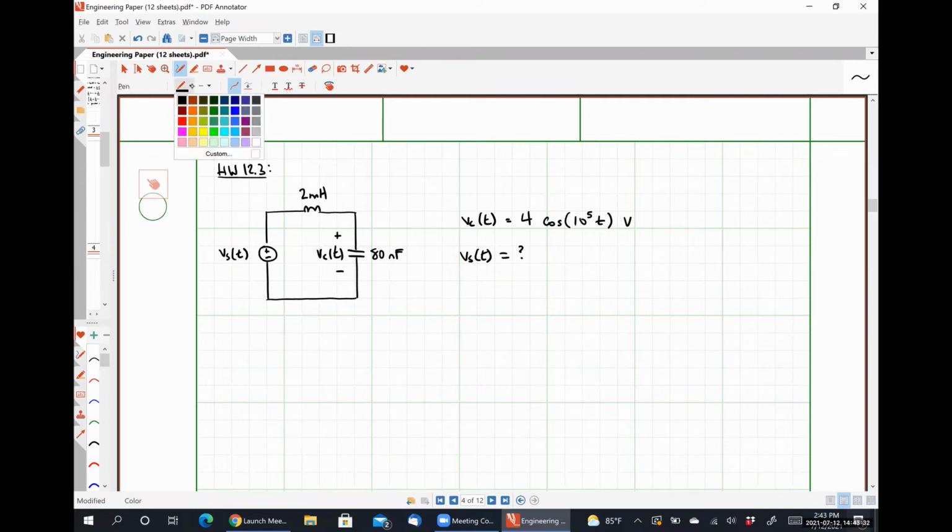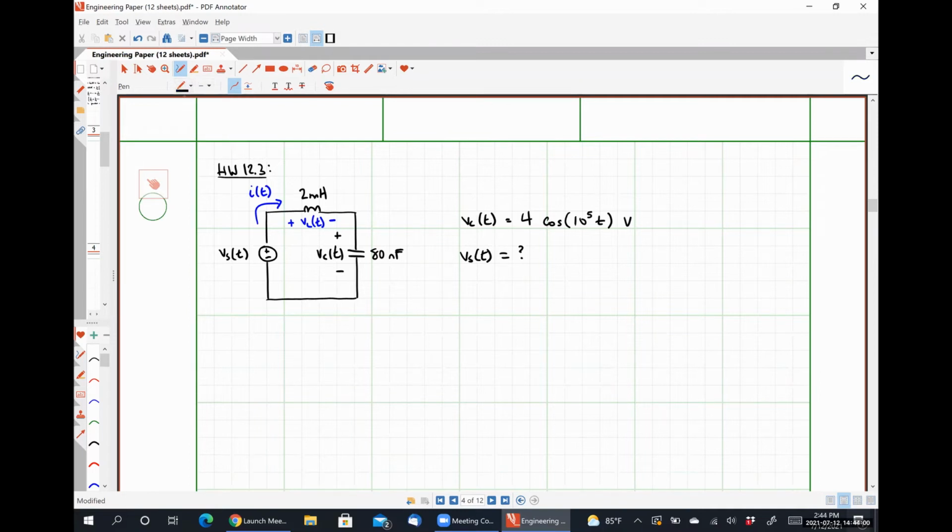So I'm going to write this in blue. I'm going to arbitrarily say that this is the polarity of my inductor voltage, VL of t, and this is my common current, I of t, okay?